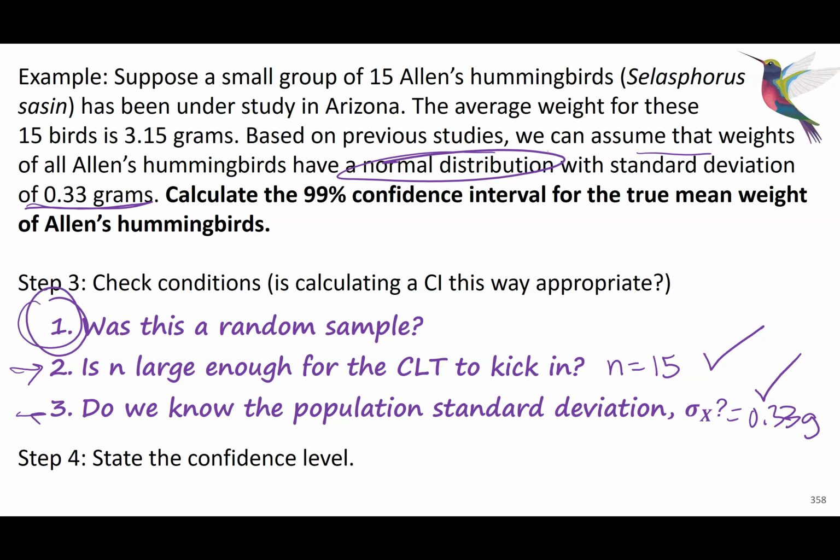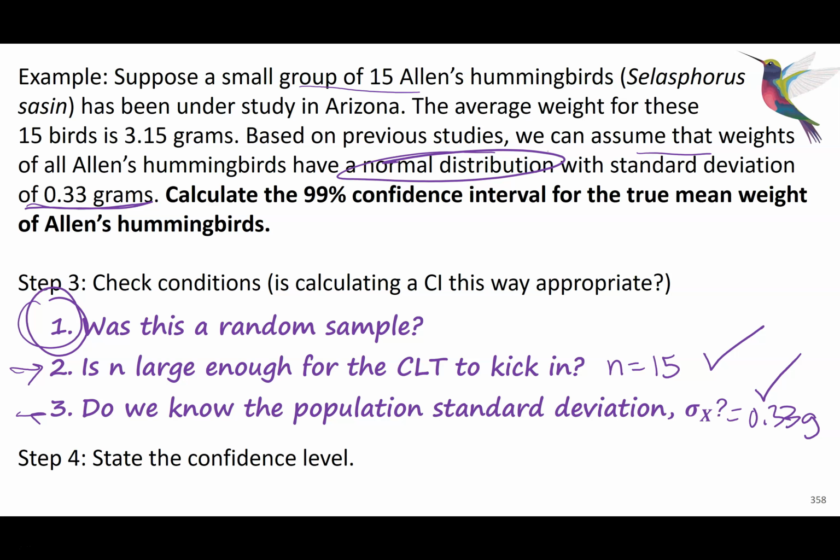Was this a random sample? Suppose a small group of 15 Allen's hummingbirds has been under study. It doesn't sound like this was a random selection, and quite honestly, with wild animals, or even humans, it is incredibly difficult to get a true random sample because you have to be aware of all of the hummingbirds in the population in order to randomly sample them.